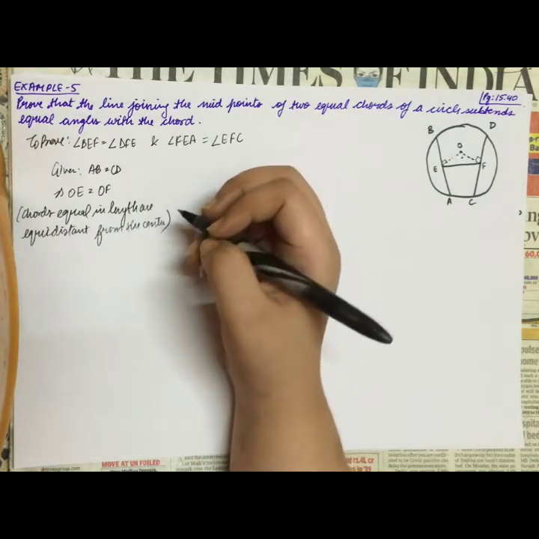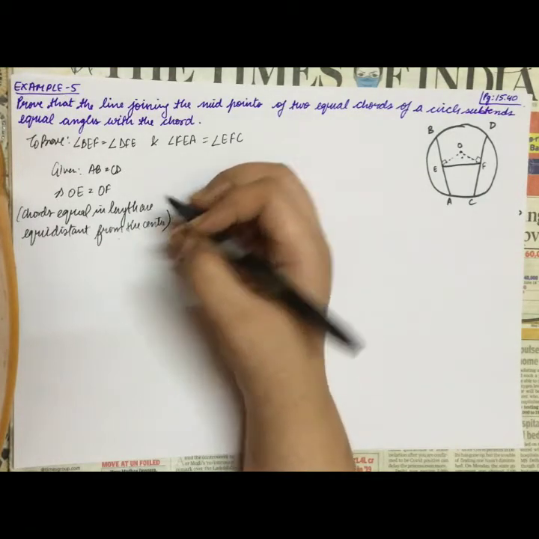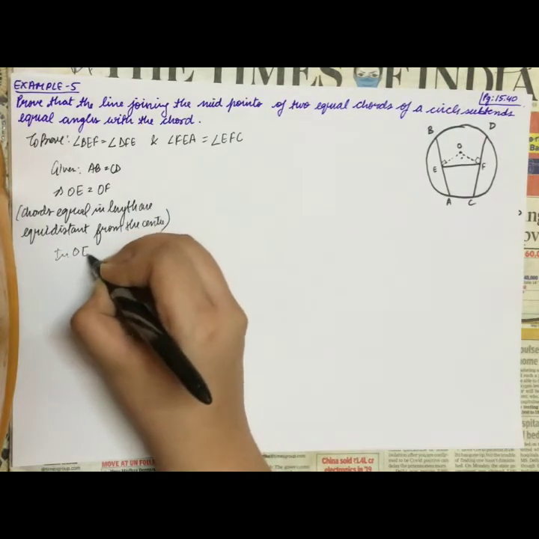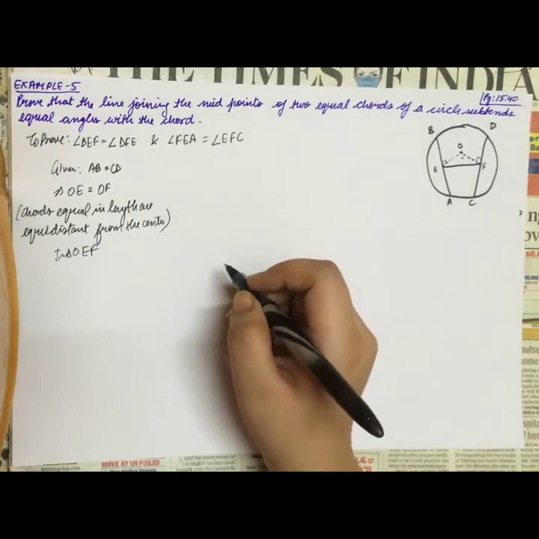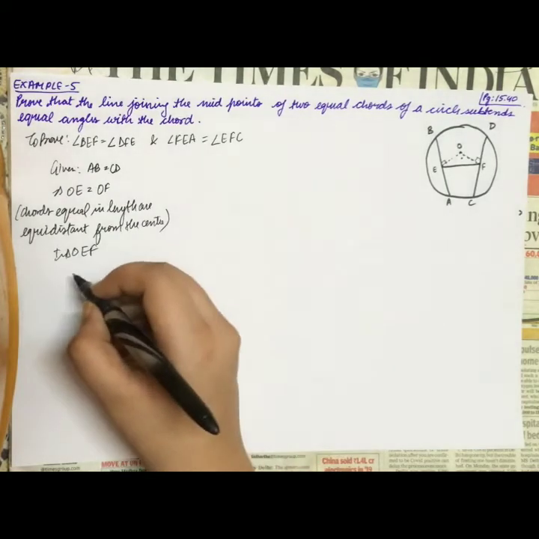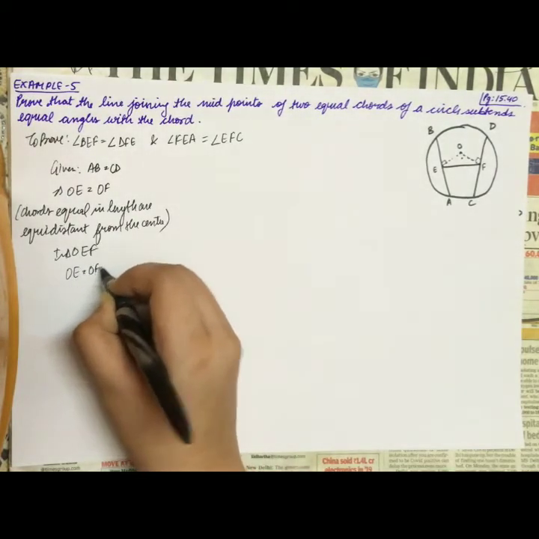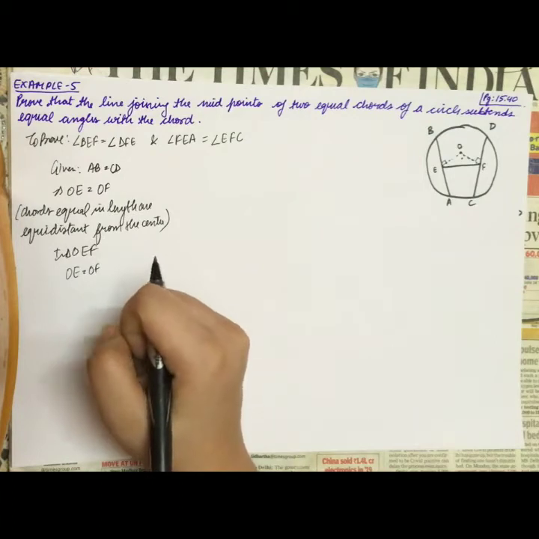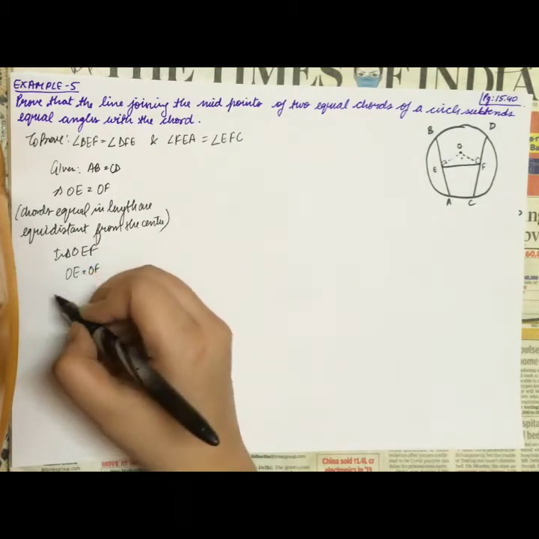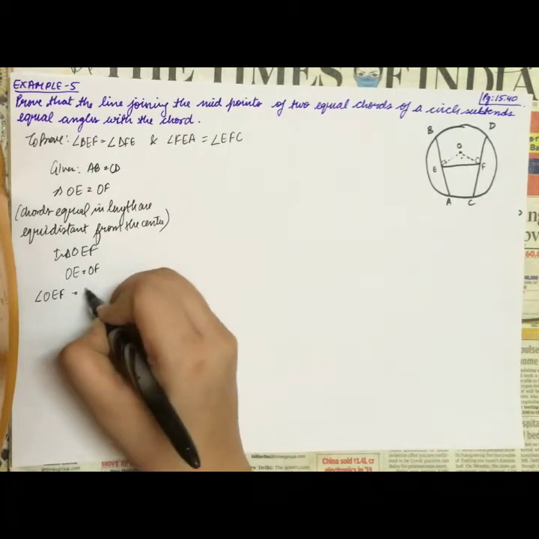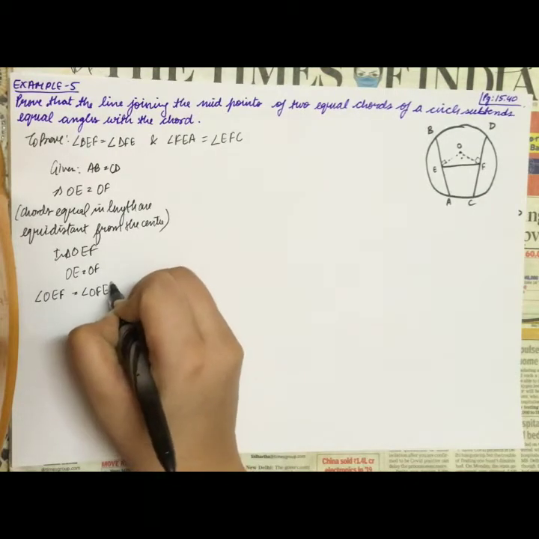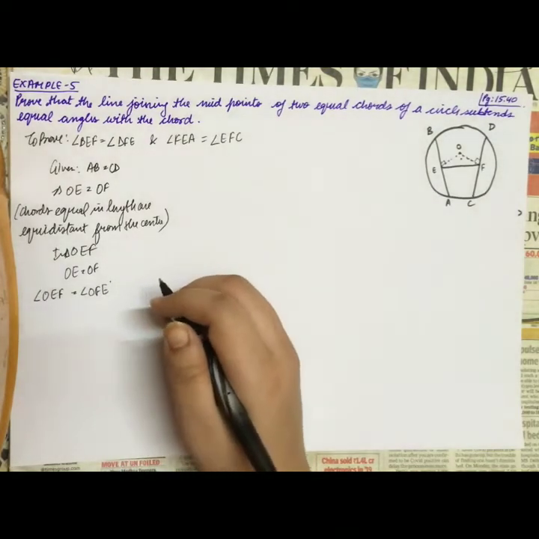So now in triangle OEF, OE is equal to OF, which we have proved above. Now their opposite angles, that are angle OEF, will be equal to angle OFE because of the isosceles triangle property.